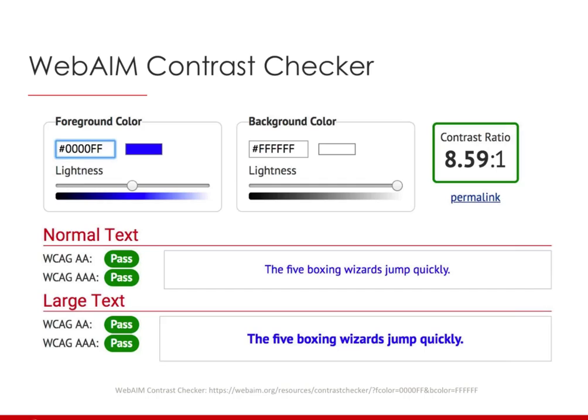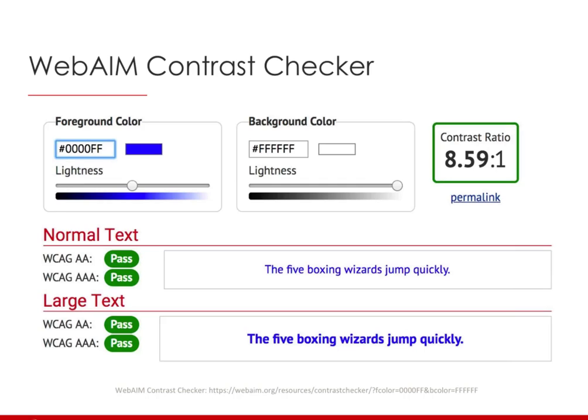And then to test something like color contrast, there's a lot of different tools that you can leverage in similar ways. This slide in particular is showing the WebAIM contrast checker, where you can provide your foreground and background colors. And it will indicate what the current mathematical ratio of those two colors are and which of the WCAG compliance levels it passes or fails. So there are different guidelines between a normal text size and a large text size.